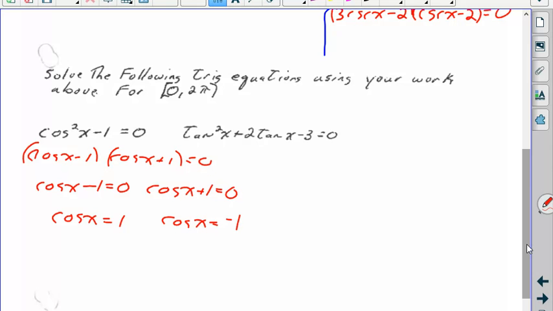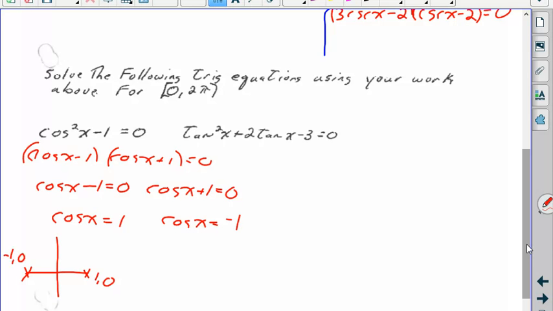So in this case, cos x is equal to 1 at that point. Cos x is equal to negative 1 at that point. Again, that's our understanding of our unit circle. This point is (1, 0). This point is (negative 1, 0).